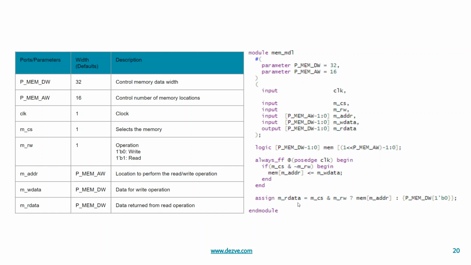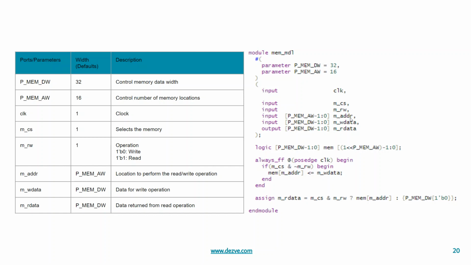Now this statement performs the read from the memory. In this case, if the chip select is 1 and then m_rw should be 1 for it to return a value at that location. So a user will set m_chip_select as 1, m_rw as 1.